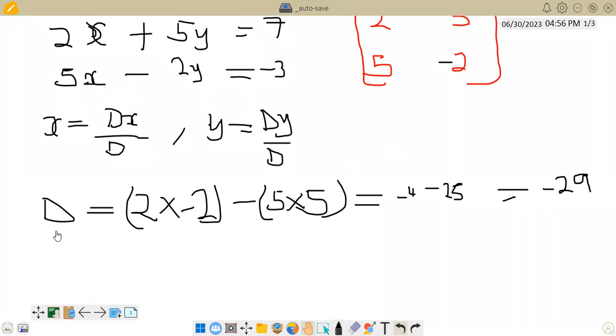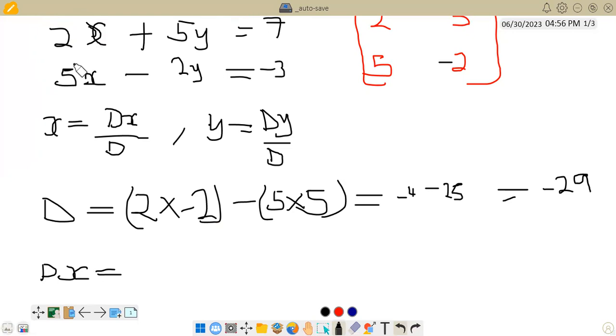Now, let's find dx. So to find the dx, first of all, we need to construct a matrix. We said that where there is x, dx, it means the coefficients of x will be replaced by the results of the equations.